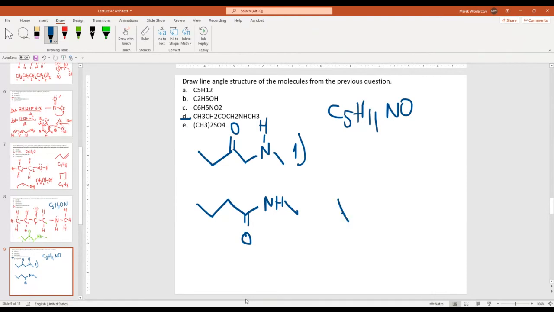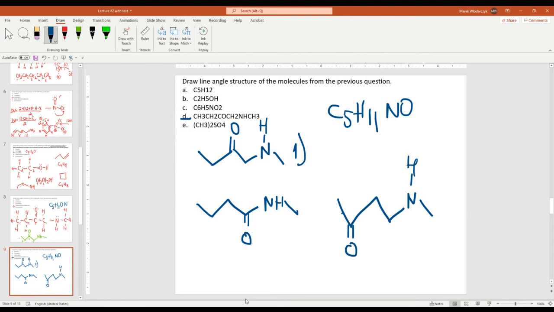You can also draw the same molecule that has a carbonyl in here, and so on. You can move the nitrogen to be a terminal nitrogen, and it's going to be NH2 then. And of course, it's not going to be the same as the condensed formula that I showed you here. But again, this would be the answer to the question if I were to give you the molecular formula.